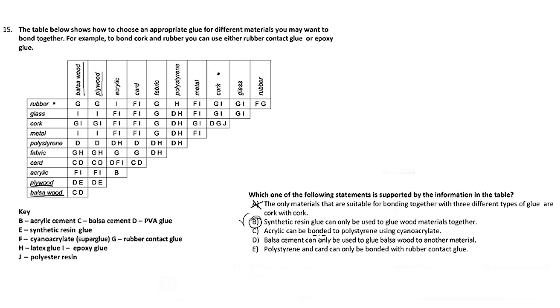So statement C. Acrylic can be bonded to polystyrene using cyanoacrylate. So acrylic, we have two acrylic, okay, this and this one, can be bonded to polystyrene using D and H. D is PVA glue and H is latex glue.